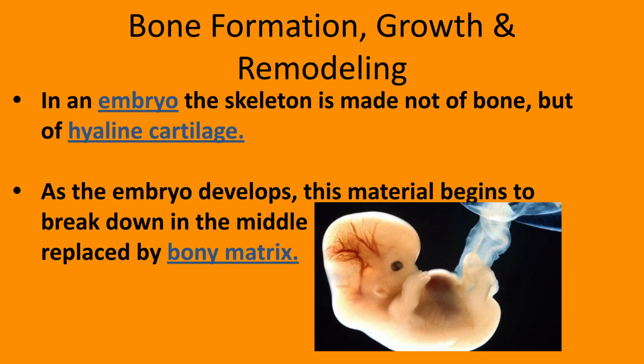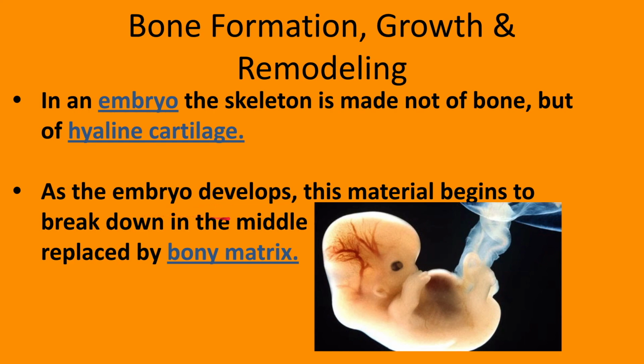And over time, that hyaline cartilage is actually going to be the base that gives rise to more solid, bony structures coming to form inside that embryo as it matures outside of the womb. And so as this embryo develops, the cartilage material in the middle of the bones begins to be broken down.